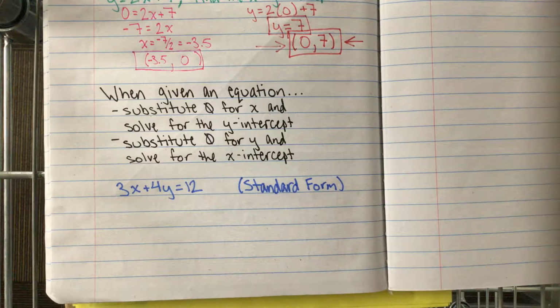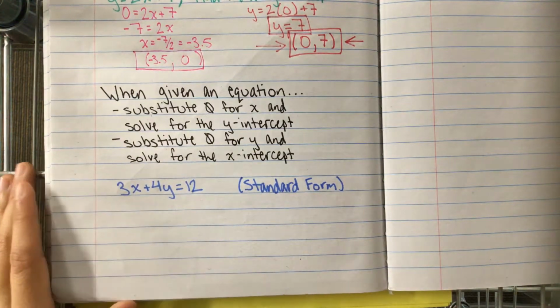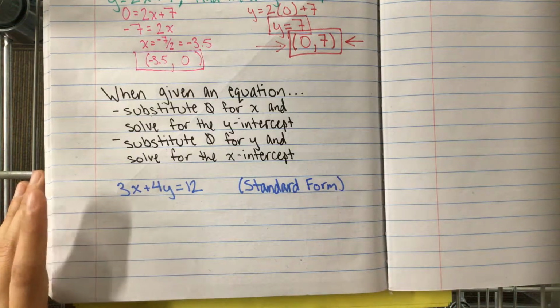Now let's solve. Which intercept do we want to do first? Let's do x first. It doesn't matter. For solving for the x-intercept, what should I substitute for? Y for 0.